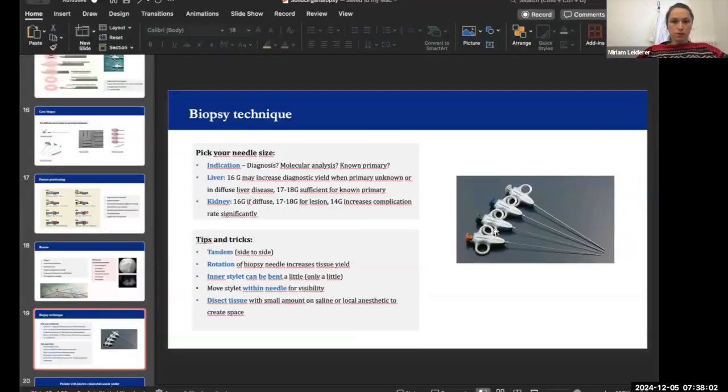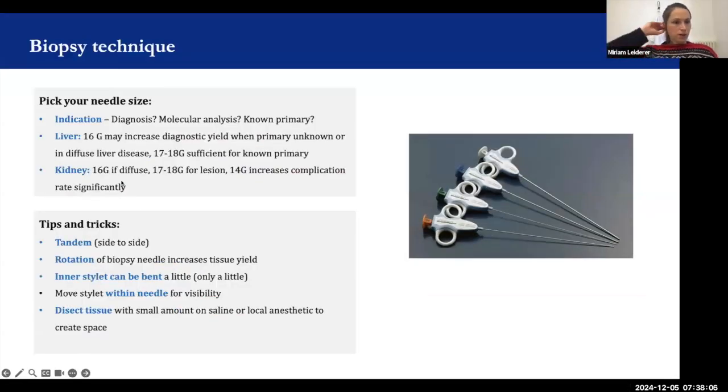It's similar for kidney. 16 gauge if diffuse. Smaller is okay for a lesion, but if you go too large, then you significantly increase complication rates, so don't do that.